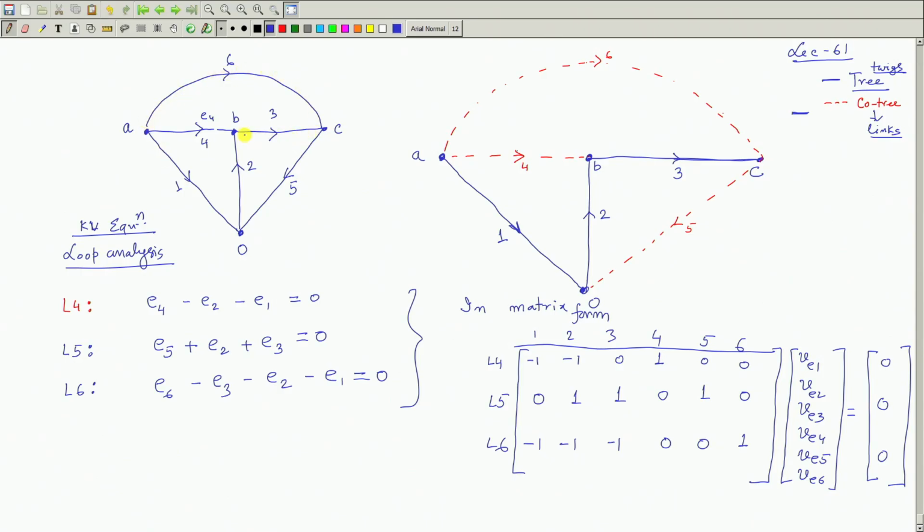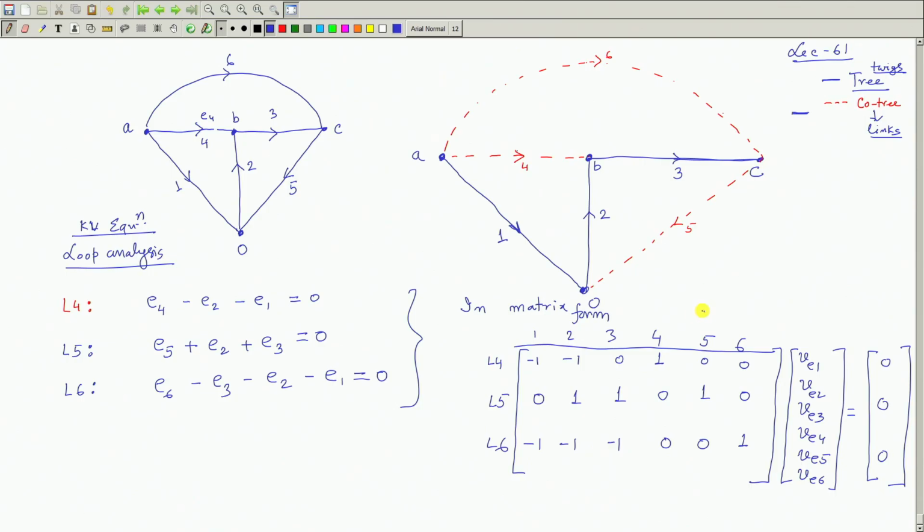This I will call L6, only one link should be present. Then I will say this is loop 5, and similarly loop 6 and so on. So, this is the equation, minus 1, 0, 1, 0, 0, 0, 1, 1, 1, like that. Here also the entries are only plus 1 and minus 1.